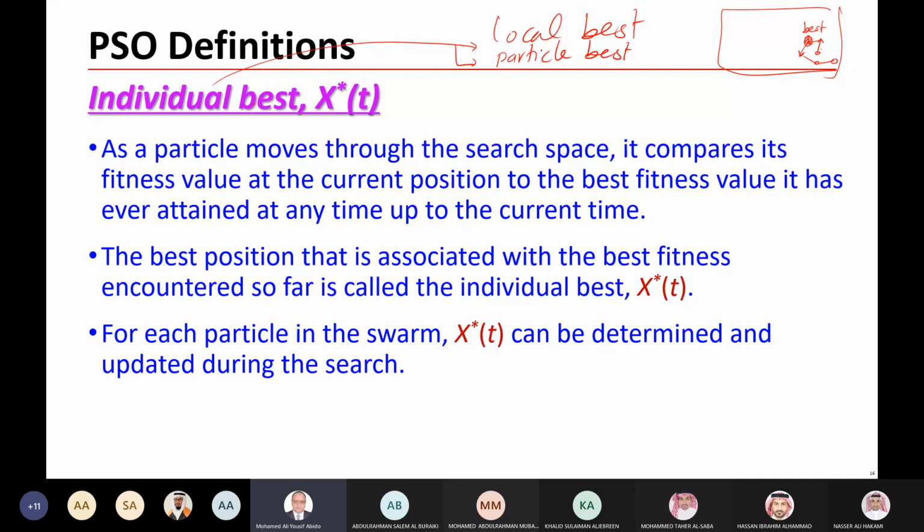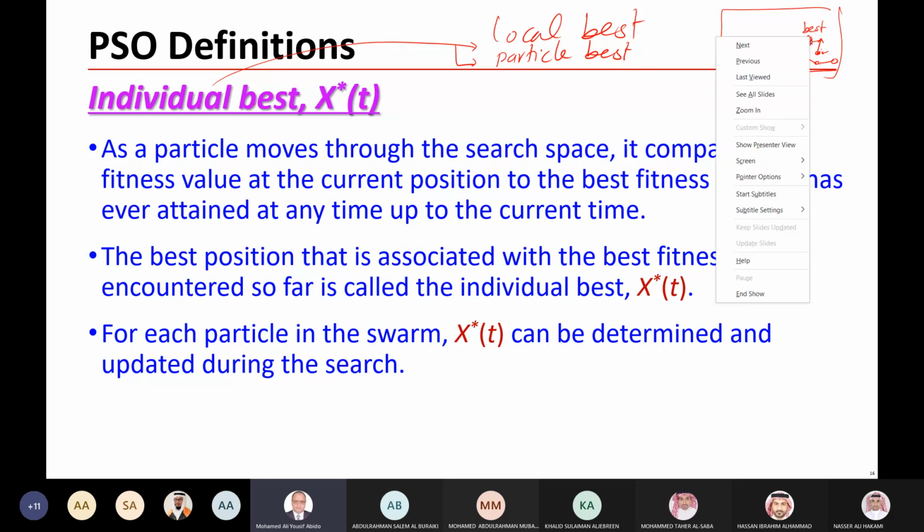Of course, during the search, you update the best here. At the beginning, when you start, you consider this is the best. When you move here, you compare the objective with this one, and probably this is still the best. The initial is still the best. And you update the velocity and you move to another position. You calculate the objective, you compare the objective with the best stored, and then you update the best here.